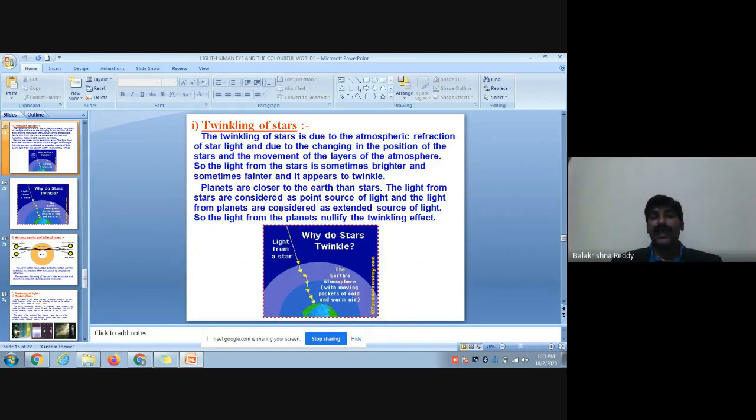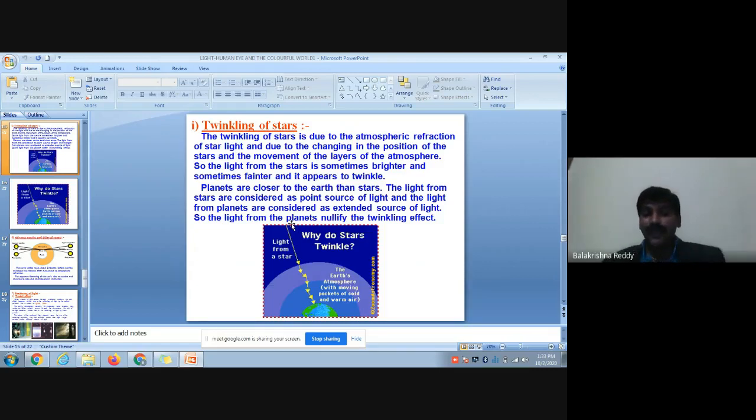So this twinkling happens due to the atmosphere of the Earth. Whenever the light passes through the atmosphere, it appears this way. The stars at a longer distance also appear as a point size. So due to the appearance of the point size and the longer distance through the atmosphere, it looks like twinkling.